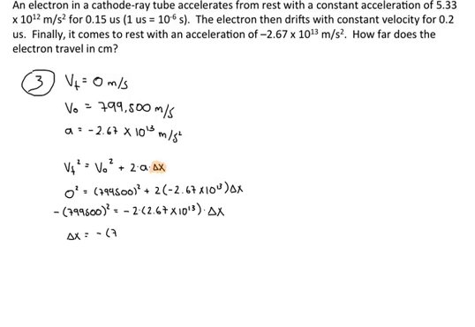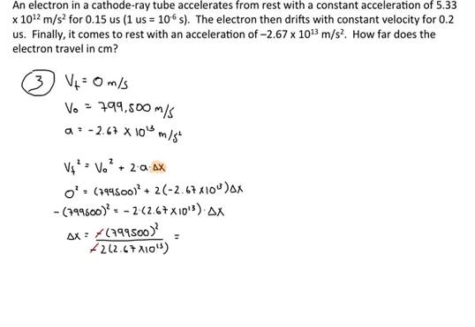negative 799,500 squared divided by negative 2 times 2.67 times 10 to the power 13. So negative and negative, they cross out to give you a positive number, which should be what we expect, right? You plug in those numbers again into your calculator.